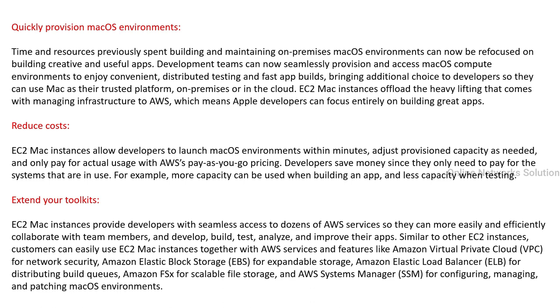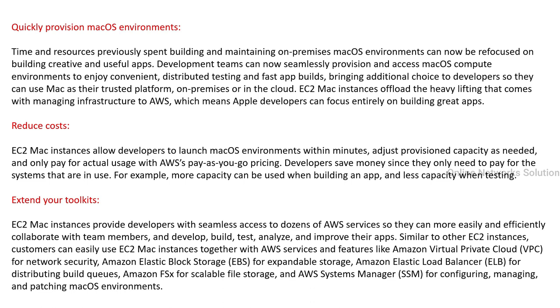EC2 Mac instances provide developers with seamless access to dozens of AWS services, so they can more easily and efficiently collaborate with team members and develop, build, test, analyze, and improve their apps.